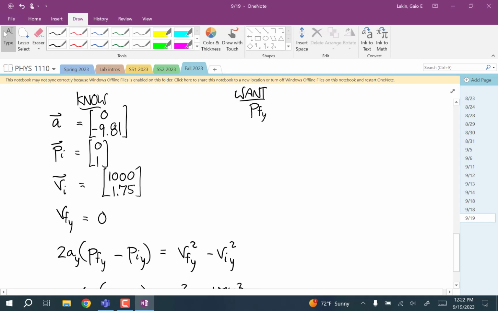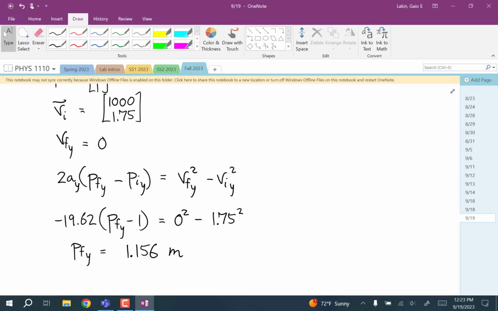And if you shot the one bullet at that angle and took the other one and threw it straight up into the air with a starting velocity of 1.75 meters per second, it would reach a highest point of 1.156 meters, and then it would start to come down, and those two bullets would hit the ground at the same time.